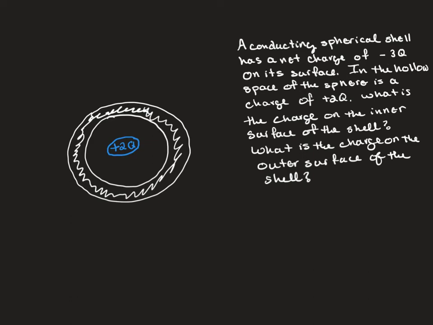All right, so remember when we're looking at Gauss's law, we're talking about the integral of E dot dA is equal to Q enclosed divided by epsilon naught. So this means that if my Q enclosed is 0, my electric field is going to be 0.